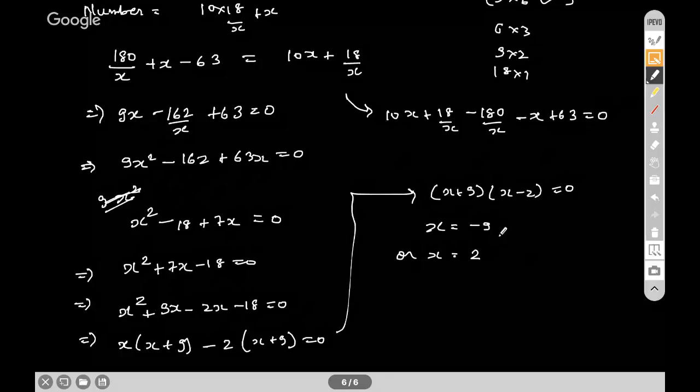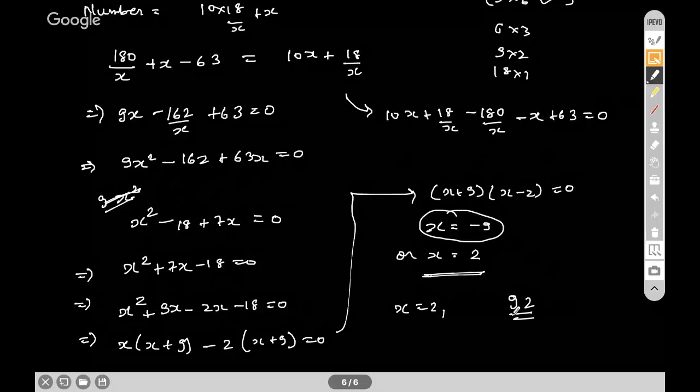Clearly, x equals negative 9 is not a solution because we are talking about digits. Digits are between 0 to 9, both inclusive. So x equals 2 will be the right answer. So when x equals 2, the number is 92. So hence the number is 92.